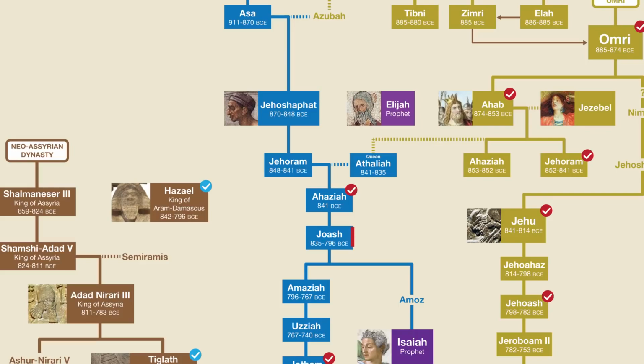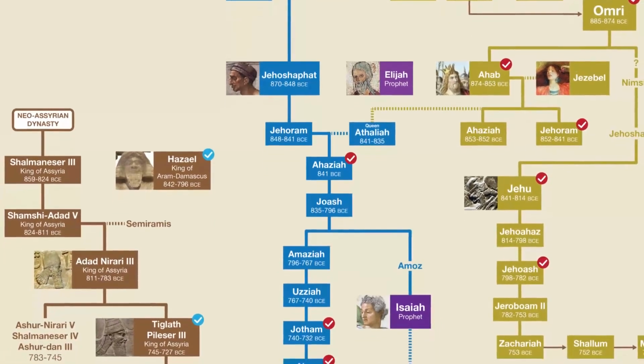When that child, named Joash, was 7, he was revealed, and with the help of the priests, he was made king, thus reestablishing the line of David. He would be the first of 2 child kings who feature prominently in the biblical story of ancient Israel.